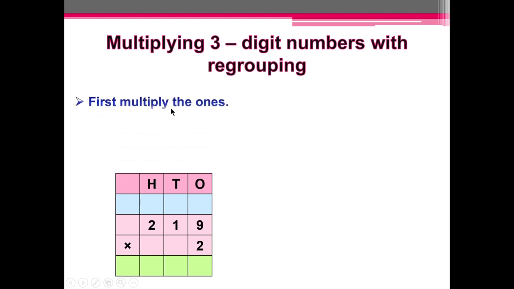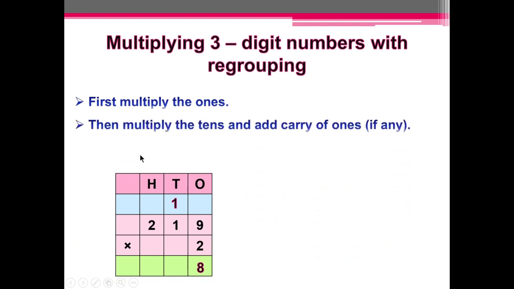First multiply the ones. 9 multiplied by 2 is equal to, yes, 18. We'll write 8 here and we'll write 1 here as carry of 1s. Then multiply the tens and add carry of 1 if any. So 1 multiplied by 2 is equal to 2. 2 plus 1, 3.